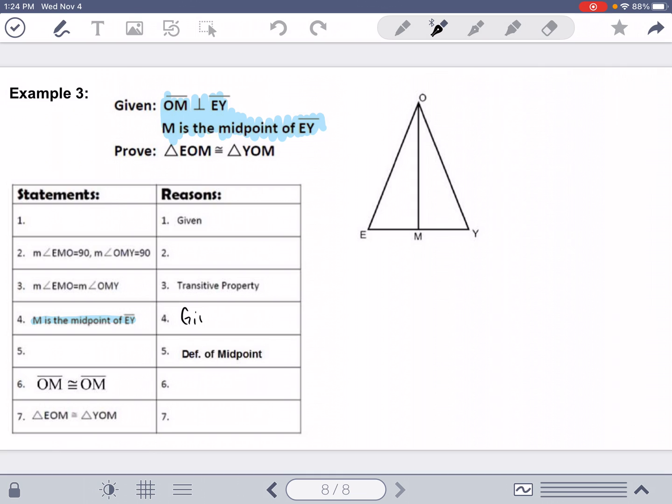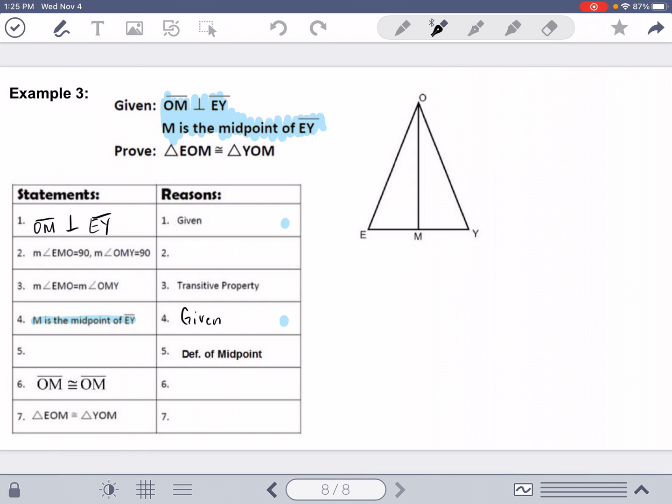So this is an example of where you start out with a given, but then you have some other statements in between, and then another given shows up. See that? So this is an exception. Sometimes this happens, and I wanted to make you aware of it. Typically, all of the given information does come first, though.